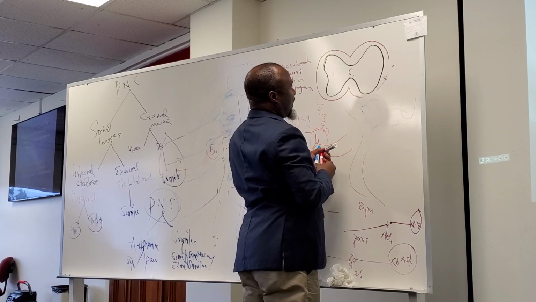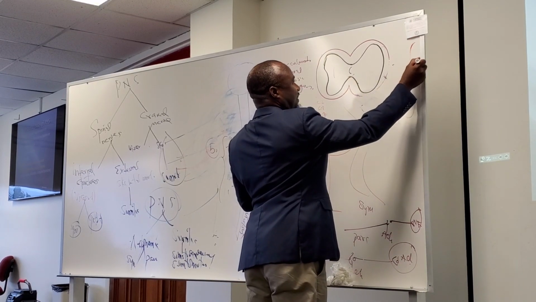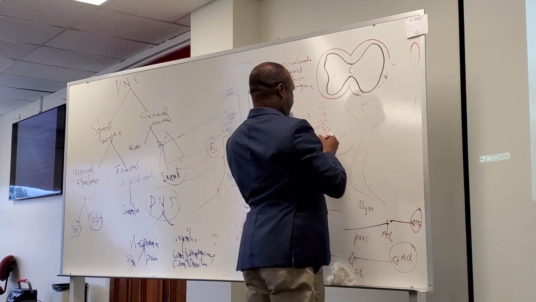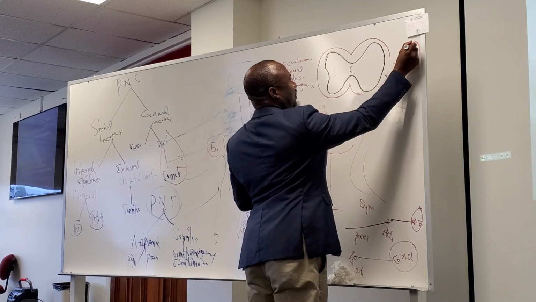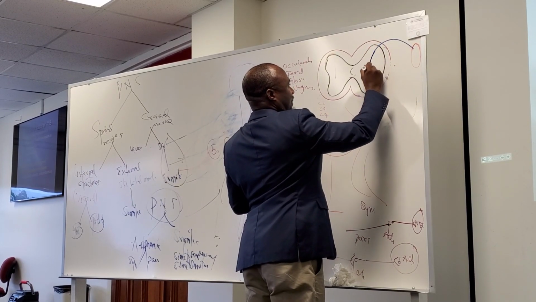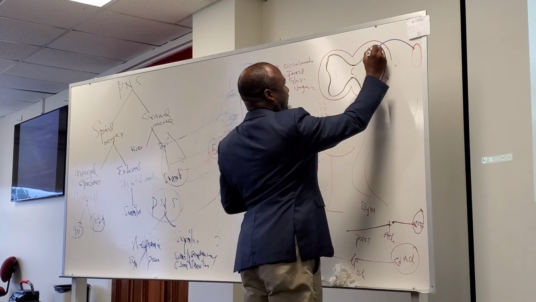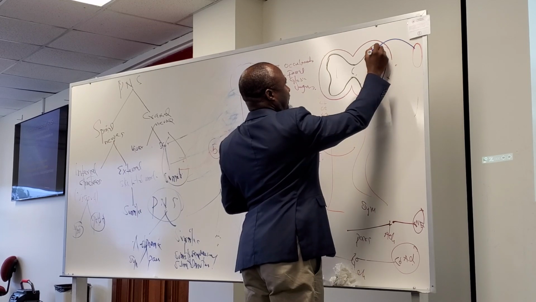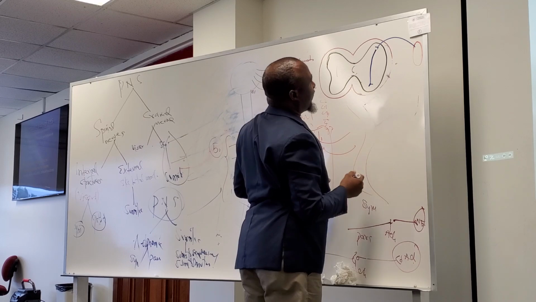So if this is the organ, for instance, the afferent will move this way and enter. It can form a synapse here, or it may not, depending.